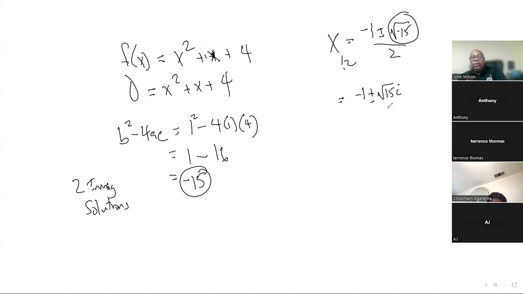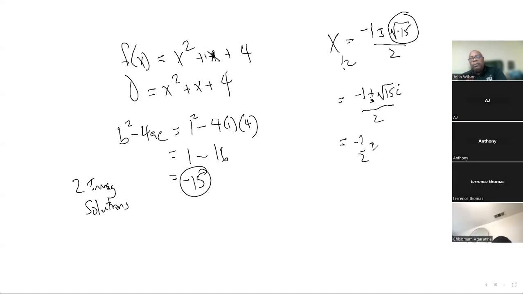There's nothing we can do with square root of 15. Most times in these problems I'm going to give, you can do something with it. Like if it was square root of 8, you could have square root of 4, square root of 2. All over 2, which gives us minus 1/2 plus or minus 1/2 square root of 15.